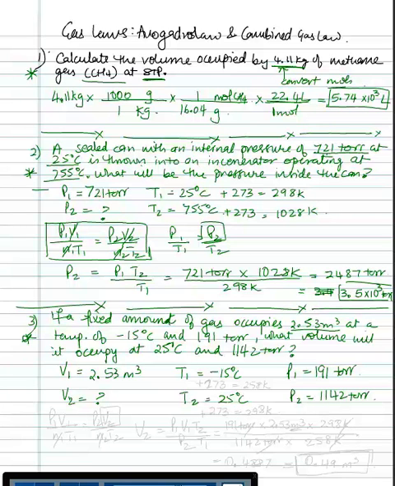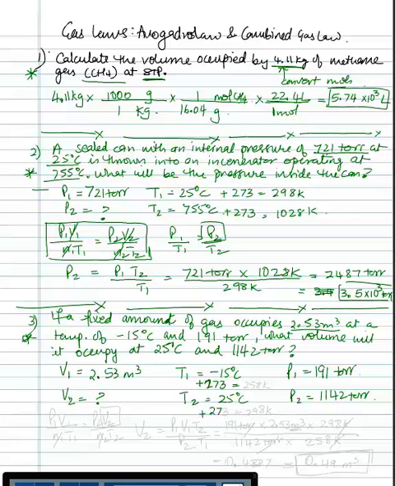Now I have all my data ready to work, and I need to make sure I convert everything into the right units. For pressure, so long as they're in the same units, it's fine, but for temperature you definitely have to convert.